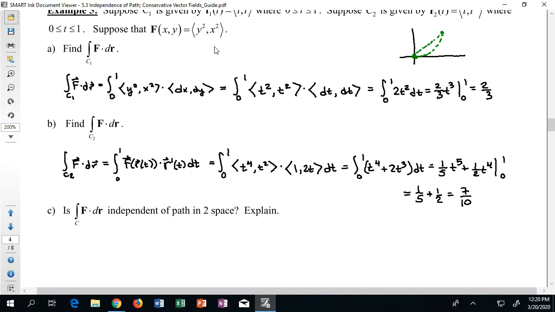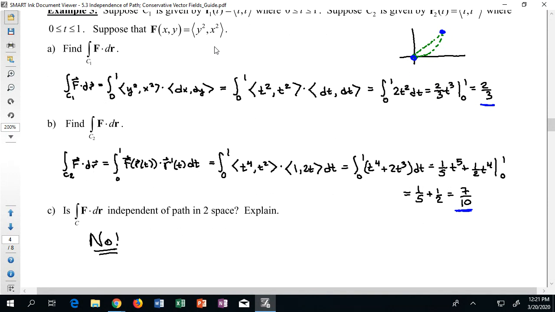Well, here's the important question on part C. Is this line integral here, or this work integral, I should say, independent of path in 2 space? And immediately I should be able to answer that question as no, because if it was independent of path, I should have gotten the same answer when I went from a common start point to a common stop point. The path I take to get there shouldn't matter.